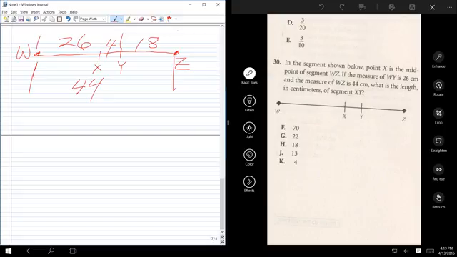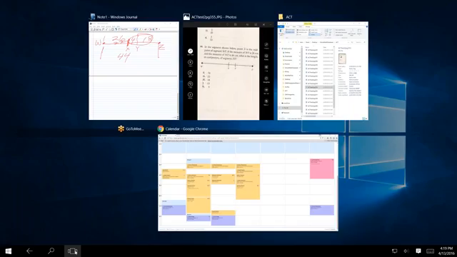Oh, they give you WY, which is 26. And so that's 18. How do you get 4? Ah, now I get it. In other words, it's 26, which makes that 22. And that has to be 22. I really just did 26 minus 22. And then I got 4. Which is the proper way to do it. That's a fine way to do it.